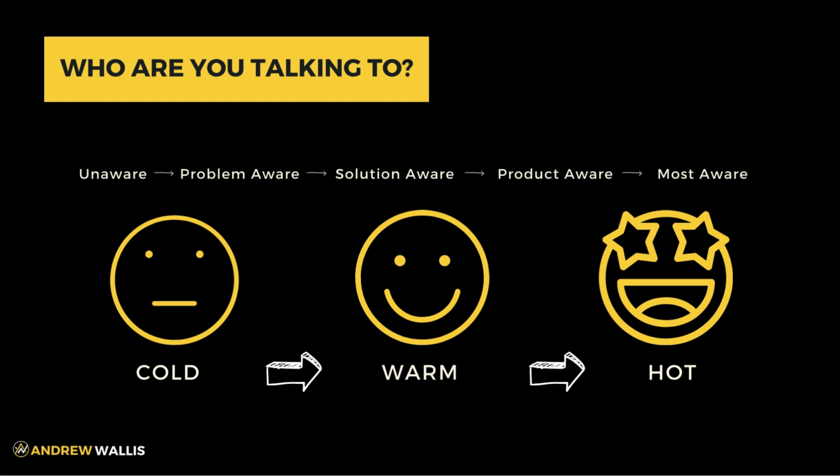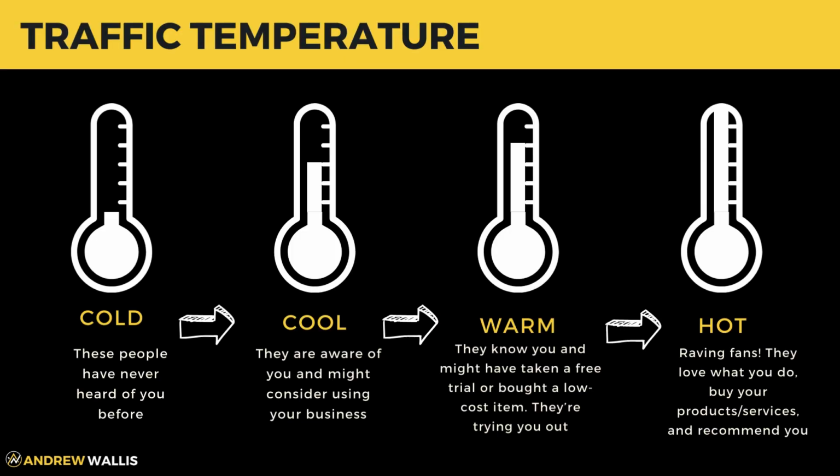But each prospect moves along this pathway, and at any time a prospect is at different points of this, and if they're at a particular point, there's certain things that we can and can't say to them, and that's where the traffic temperature piece comes into play, as you can see.